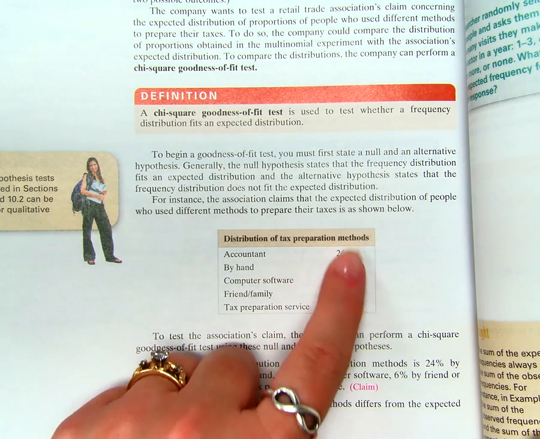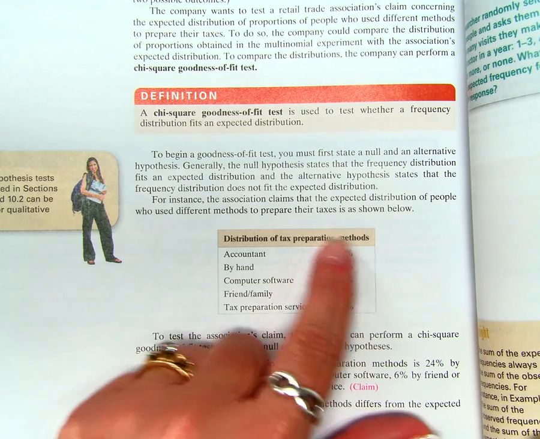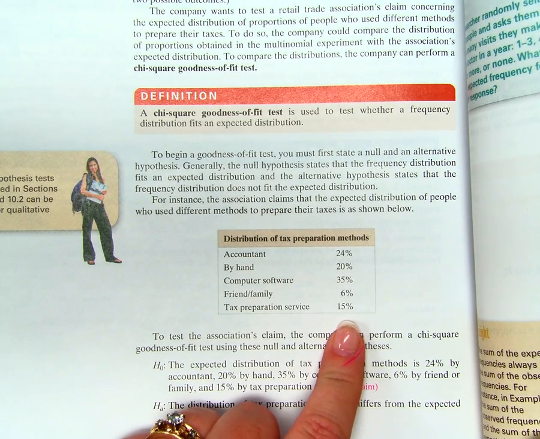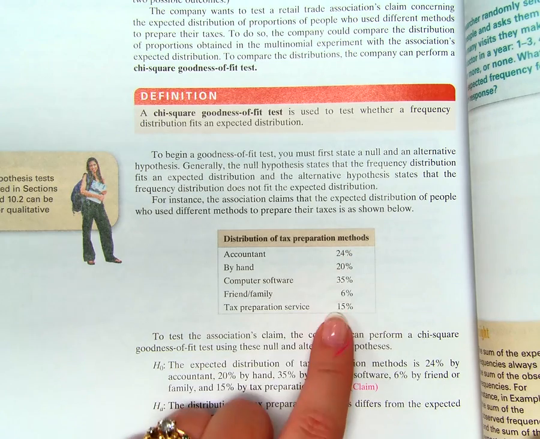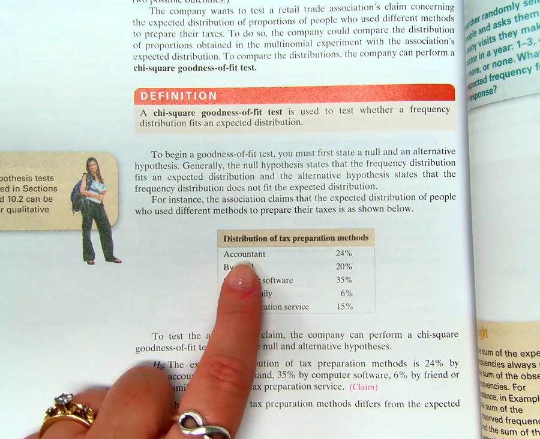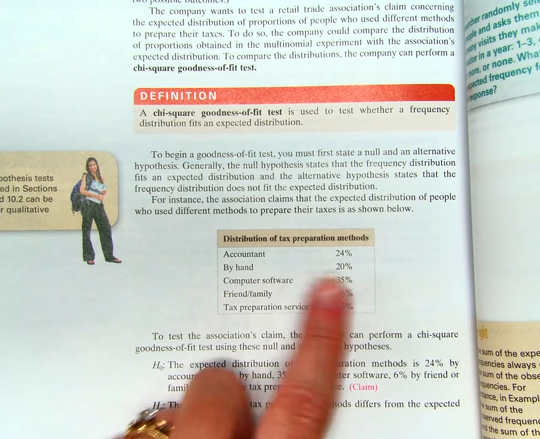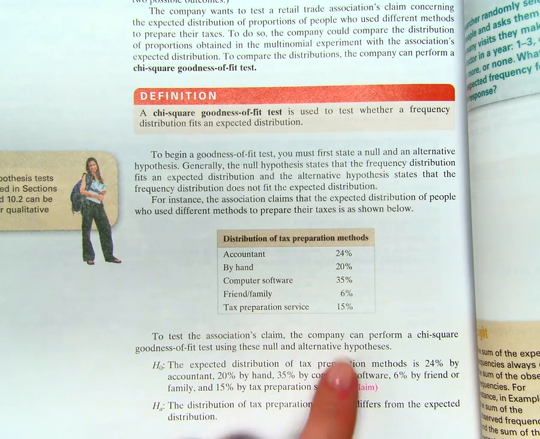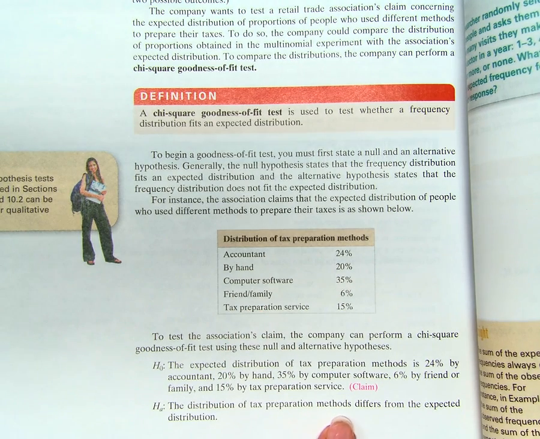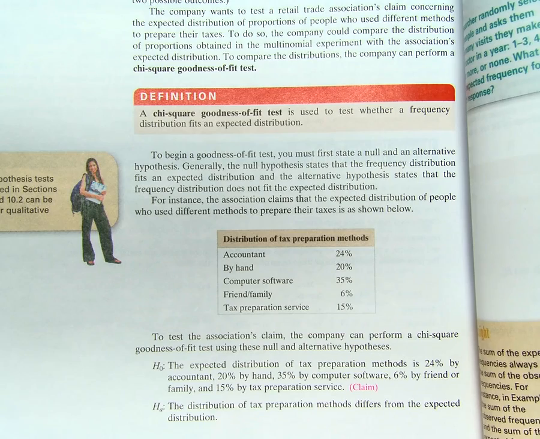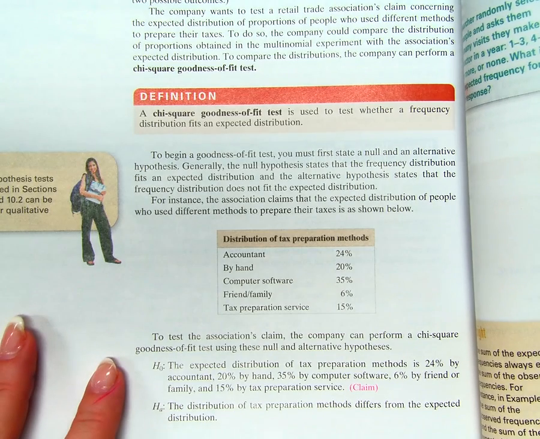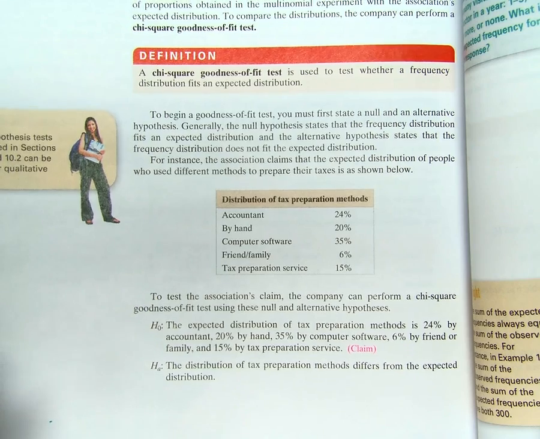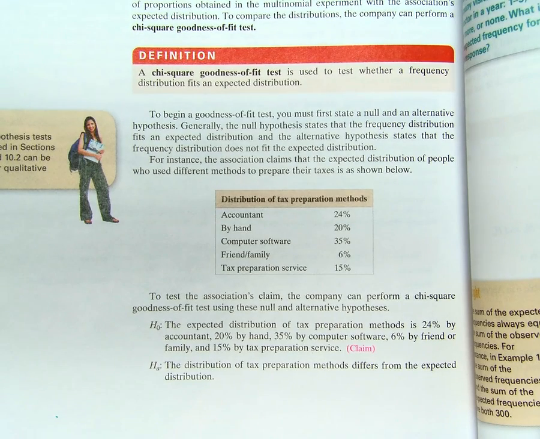For instance, here is the claim for the expected distribution of people who use different methods to prepare their taxes. Accountant would be 24%, by hand would be 20%, computer software 35%, family or friend 6%, and a tax preparation service is 15%. So to test the association's claim, the company can perform a chi-squared goodness of fit test using these null and alternative hypotheses.